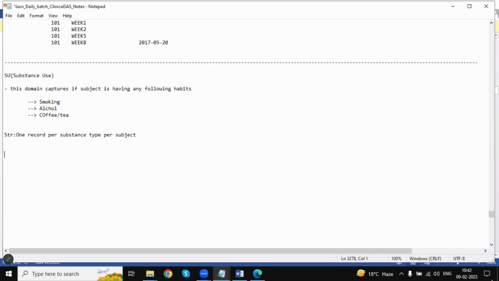So for each habit, we're going to get one observation. If a subject has multiple habits, you're going to get multiple observations. Simple. What is the topic variable here? What was the topic variable for the CM domain? CMTRT. Now it is SUTRT.